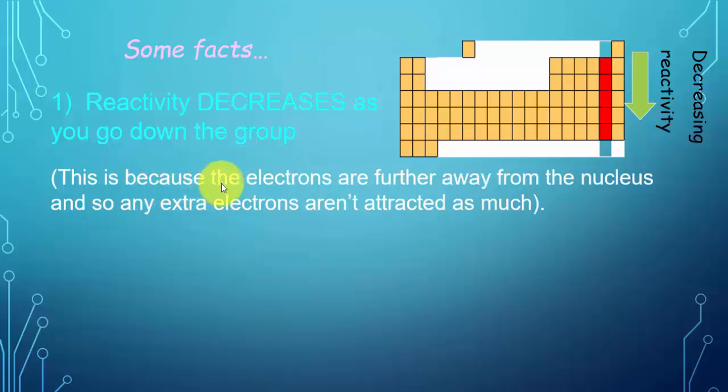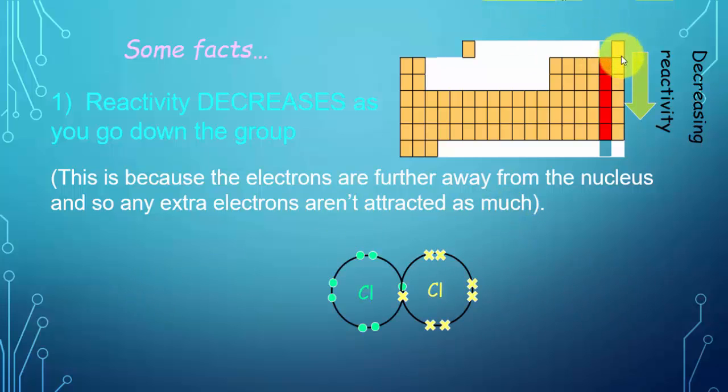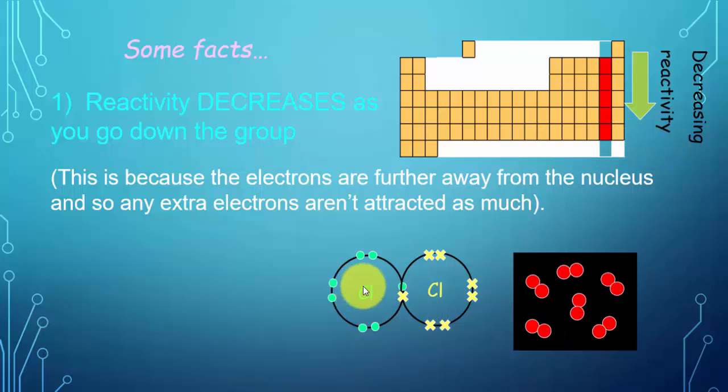This is because the electrons are further away from the nucleus, and so any extra electrons aren't attracted as much. From up to down, the atomic size increases, so the electrons in the outermost shell become further away from the nucleus. We find chlorine not in the elementary state.